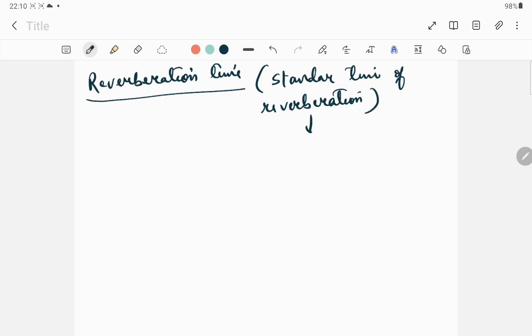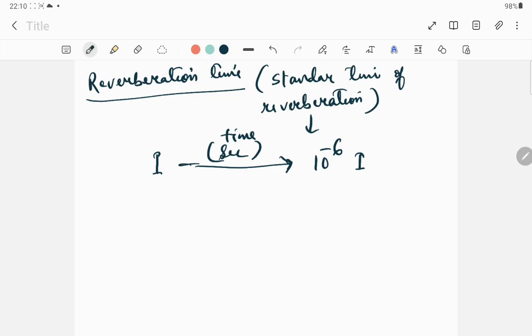So standard time of reverberation basically is equivalent to the time required in seconds for a sound wave to diminish from its initial intensity to 1 millionth times its initial intensity. So suppose the initial intensity is I, how much time in seconds does the sound wave take to get down to 1 millionth times the initial intensity?